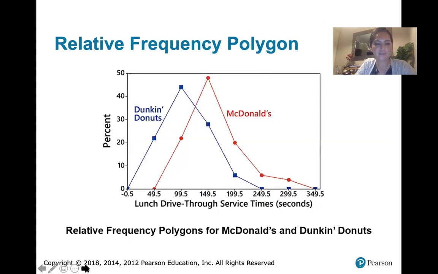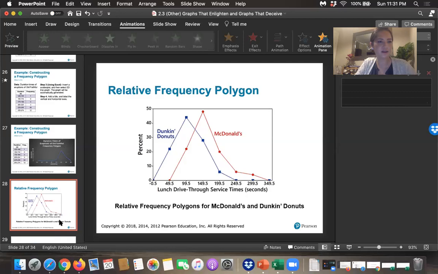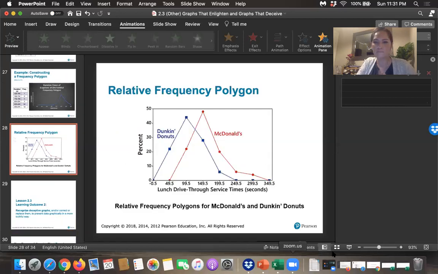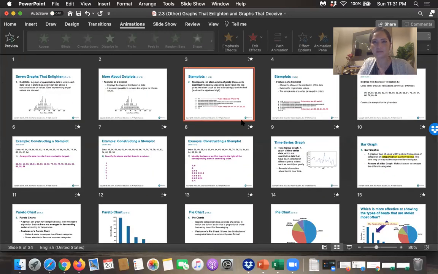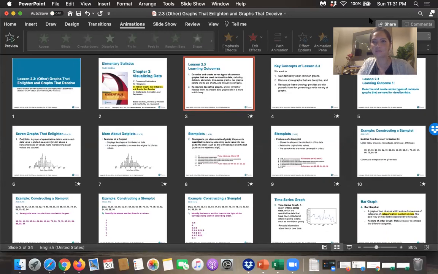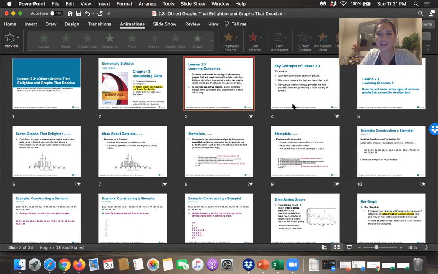Okay, so I'd like to just summarize now. Let's go to the very beginning. We had 7 types of graphs that are enlightening. First, we've got the dot plot. So that's a plot with a horizontal axis and a dot for each data point.